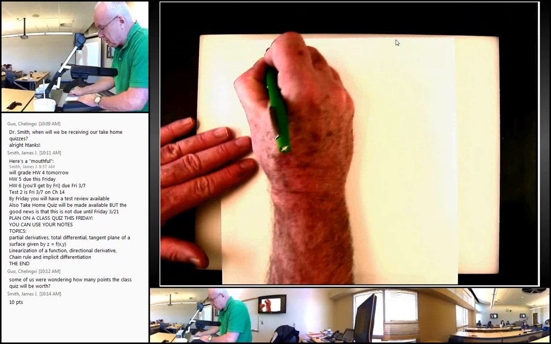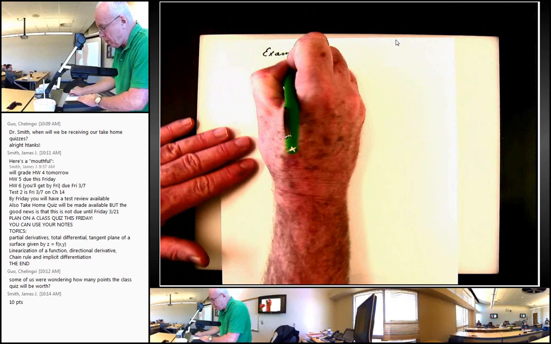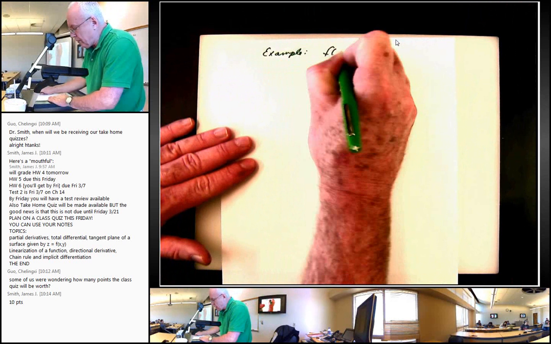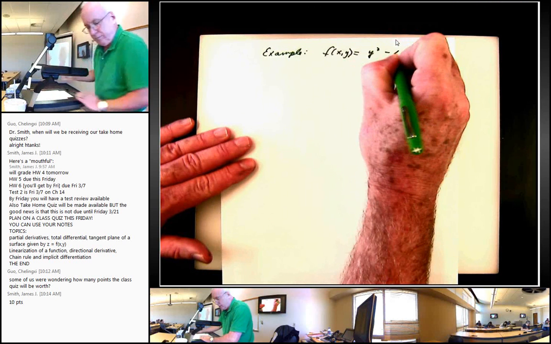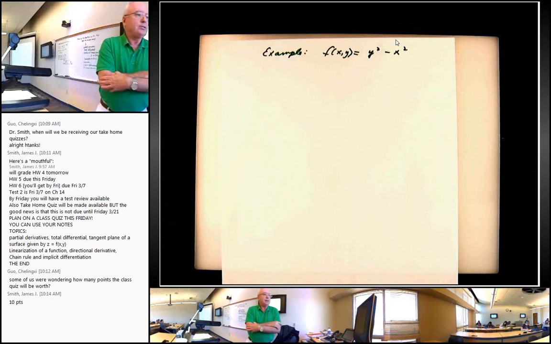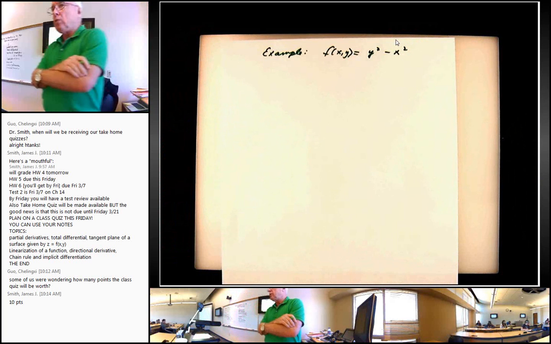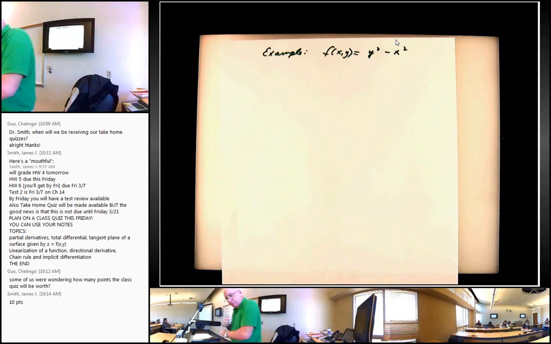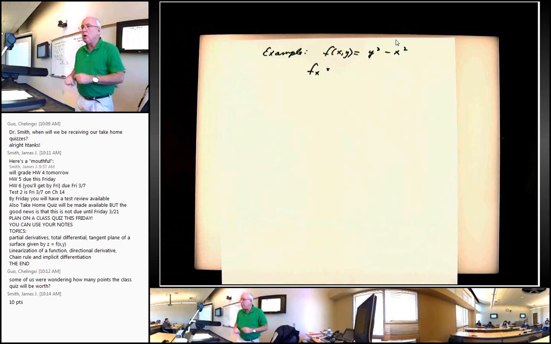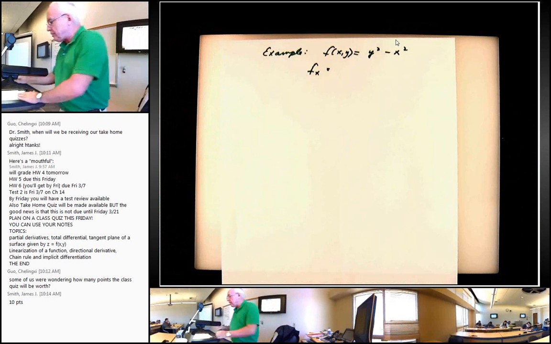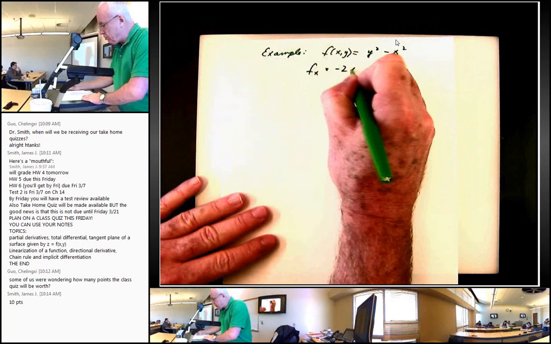So let's look at this example here, where f(x,y) is equal to y squared minus x squared. The graph of this thing does an unusual thing at one of the points. Let's find fx. So y is treated as a constant, so fx is negative 2x.